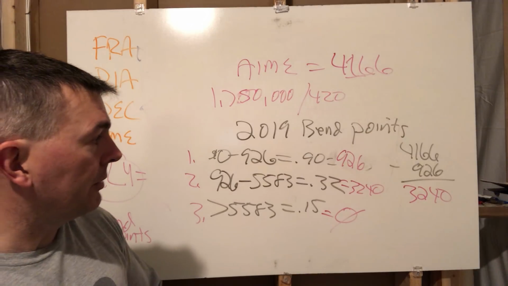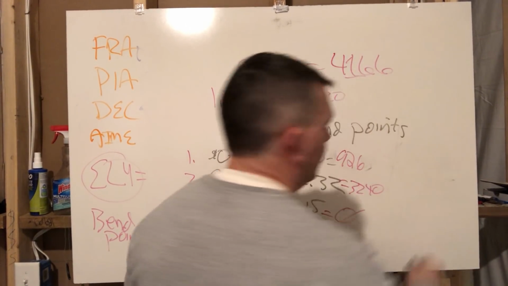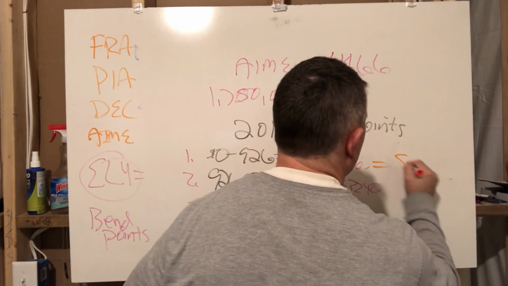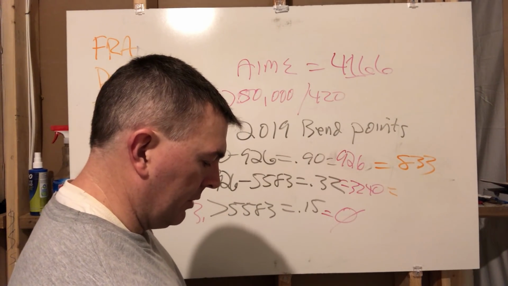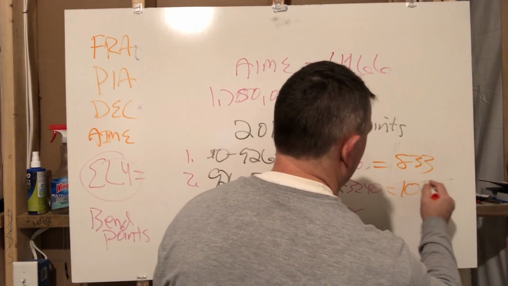So what we do here is, to get our PIA, we know this is going to be 833, and this will be 3240 times 0.32, which is 1,036.